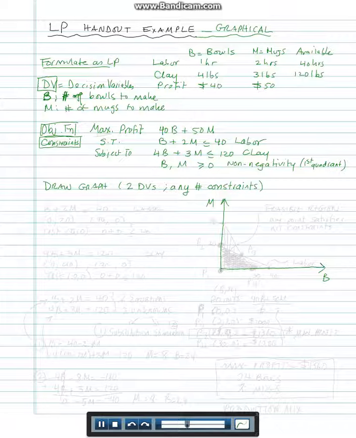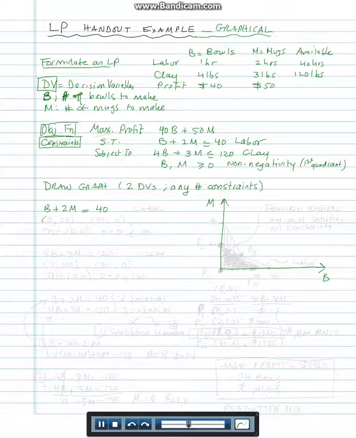So we take the first constraint, and that's B plus 2M equals 40. The easiest points to draw are the intercepts, the x and the y intercepts. You only need 2 points to draw a straight line. And this is a straight line because B to the power 1, M to the power 1.